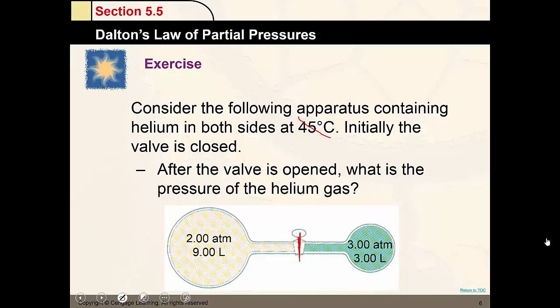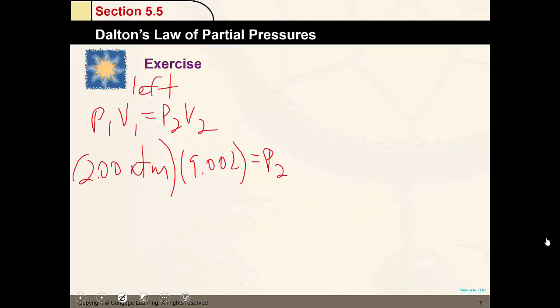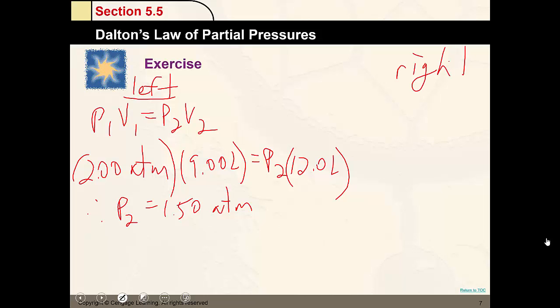Okay, what's the total volume at the end? And we're assuming that this valve doesn't add any volume. So that means the volume at the end is just simply additive, 9 plus 3. So the final volume is just 12 liters. Okay, so that means the final pressure of the left side here is 1.50 atmospheres.